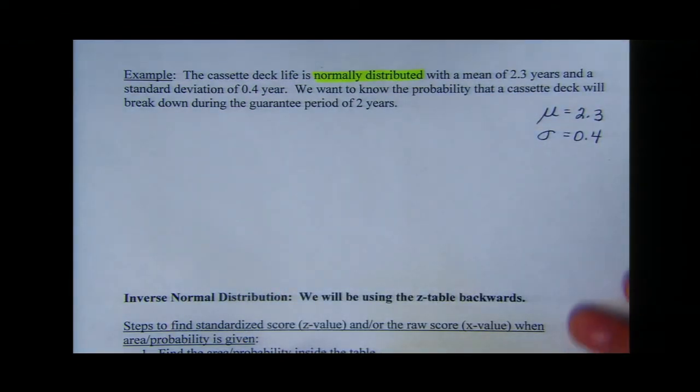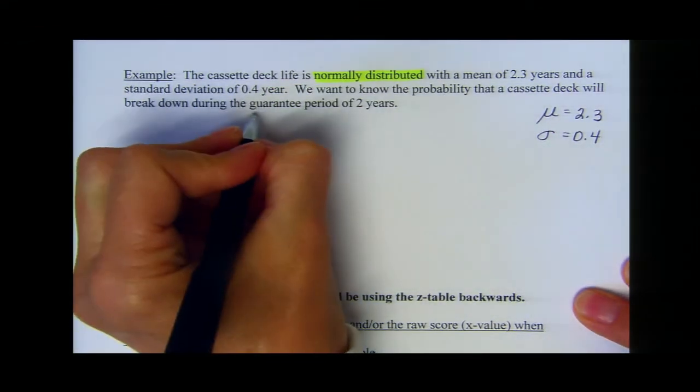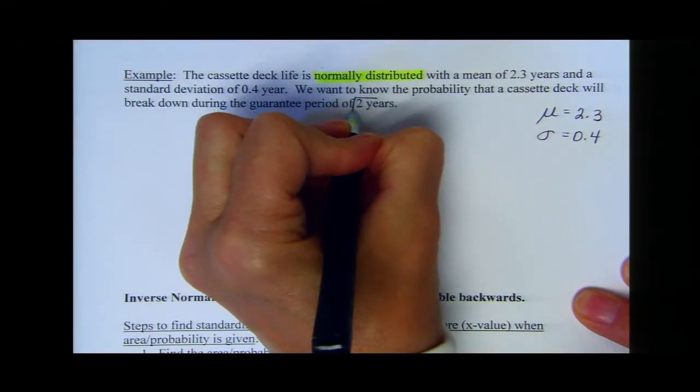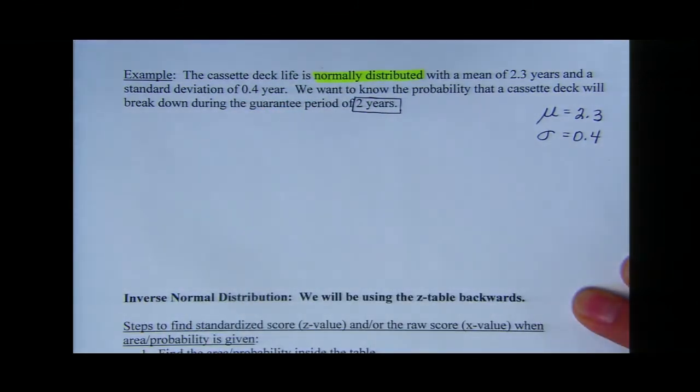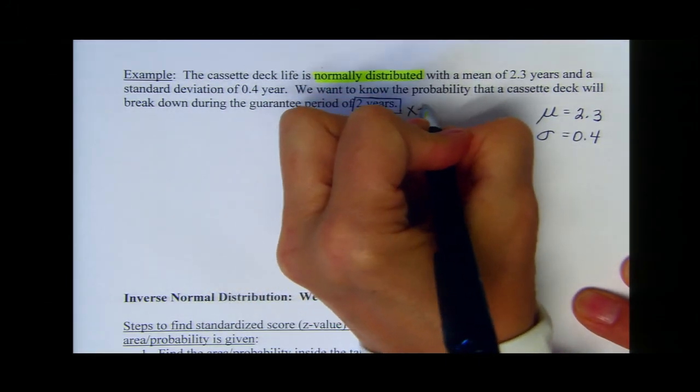We want to know the probability that a cassette deck will break down during the guarantee period of 2 years. All right, well, how am I going to label 2? Well, 2 years, it's talking about a real life value, so I know this is an x value.